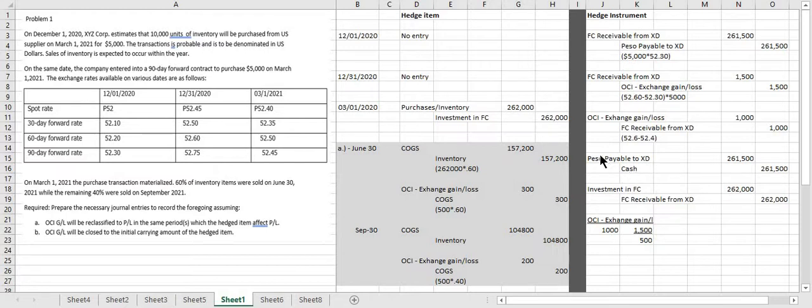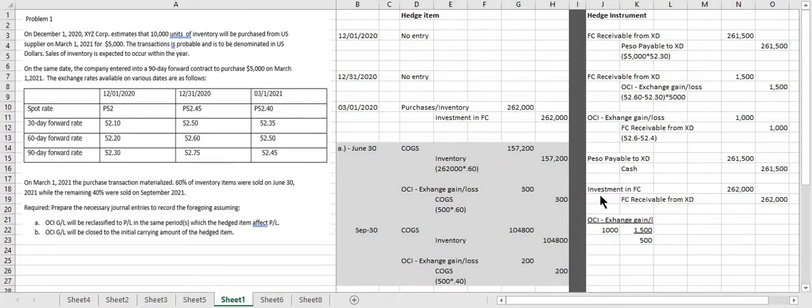Kaya we close na the peso payable to XD, that's 261,500. Credit tayo ng cash for 261,500. Then, after which bibigyan na tayo ni exchange dealer ng 5,000 foreign currency. Ayan.